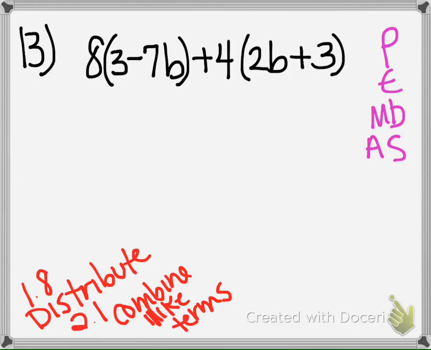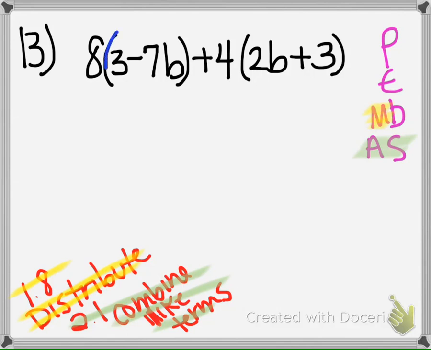Combining like terms and the distributive property: the distributive property uses multiplication, whereas combining like terms uses addition or subtraction rules. So in a problem like this, we have to distribute first.